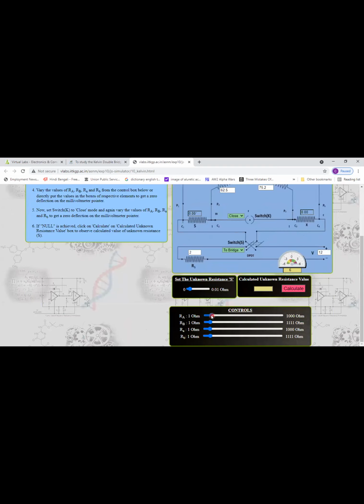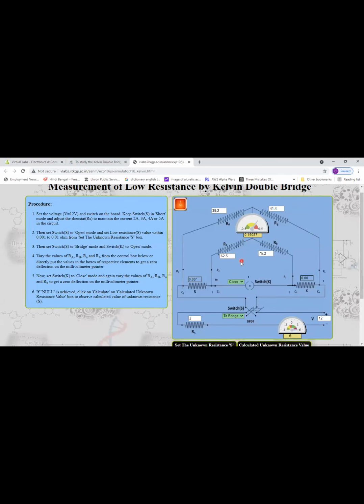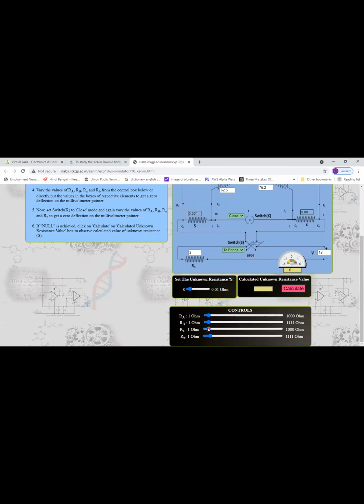Look, I have to reduce it much. You can see this is deflected to 1. Again it is reducing. Look, this is 2, so we have to increase it. This is 0.9. Okay, I have to increase small RA, small RB.